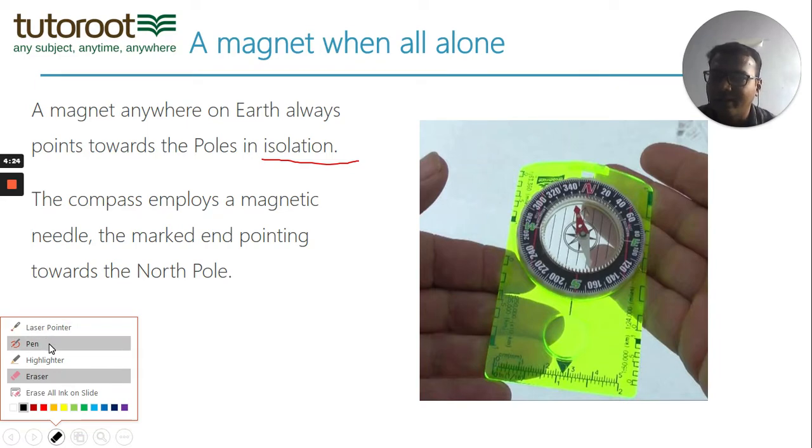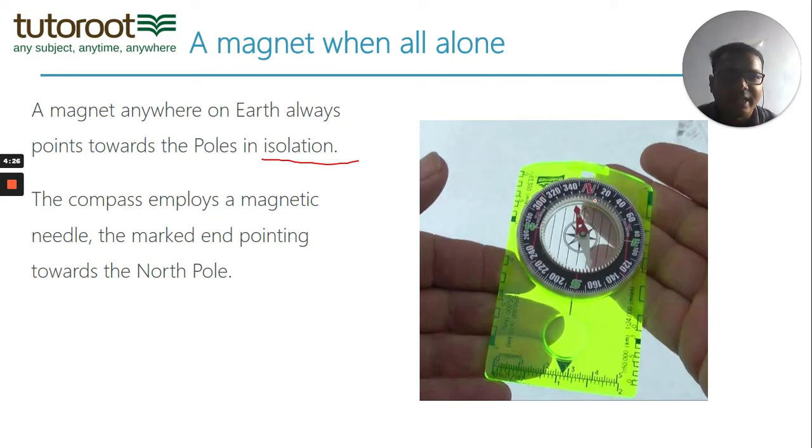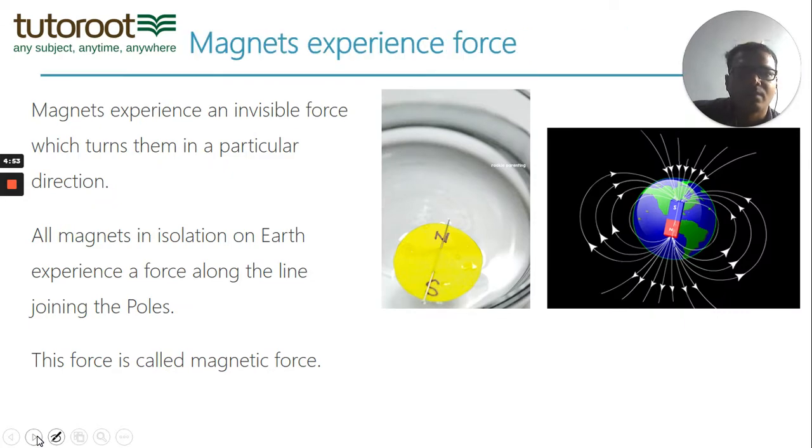When you see that needle, it always points towards one direction. The compass has one direction marked as north, which points towards the north pole. Wherever you take the compass, it will always, in isolation, point towards the north pole, and that will tell you the direction of the north pole. In the compass, you'll always see a marked end which points towards the north pole. Here the marked end is this one. You can see a red color arrow.